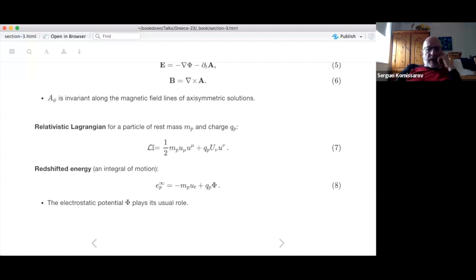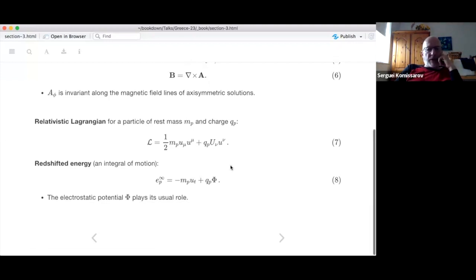And if you write Lagrangian equations using this Lagrangian, then you'll find that there is a redshifted energy, which is an integral of motion of this equation, and is given by this equation. So it also looks very familiar. It's like the total energy of the particle, which is a combination of the kinetic energy and the electrostatic energy of the particle. So in this regard, the electrostatic potential plays exactly the same role as in classical electrodynamics.